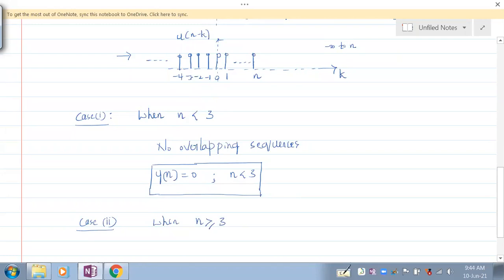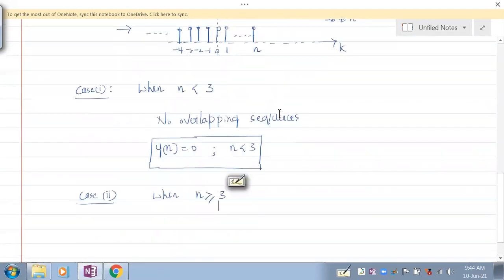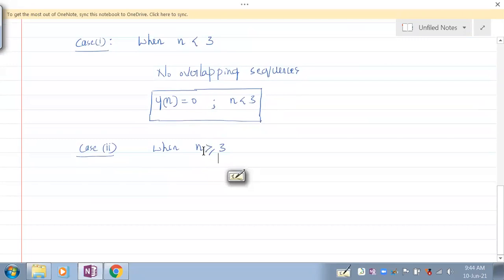See, when n is equal to 3, then also there are players handshaking. When n is greater than 3, then also the players are handshaking. So in that sense, when n is greater than or equal to 3, the sequences are overlapping.